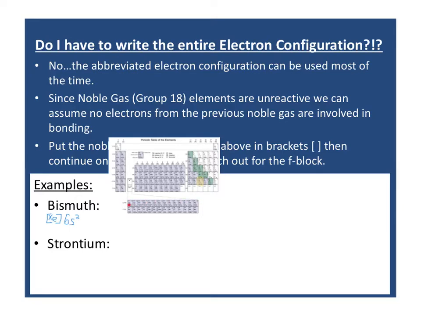So there are 1, 2, 3, 4, 5, 6, 7, 8, 9, 10, 11, 12, 13, 14 4f elements down there. So I'm in 4f, and there were 14 elements.